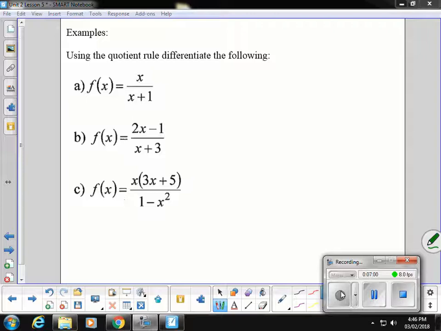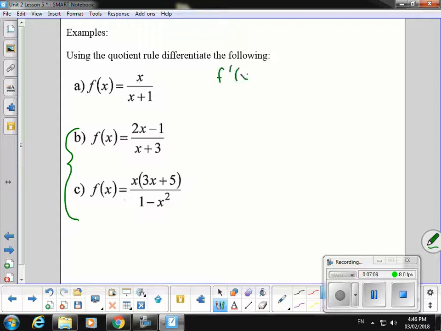I'm going to do the first one of these three and ask you to do the other two at your tables. But let's do the derivative of x over x plus 1. My derivative is the derivative of the first times the second, subtract the first times the derivative of the second, which is the derivative of the bottom, x plus 1, which is a 1.